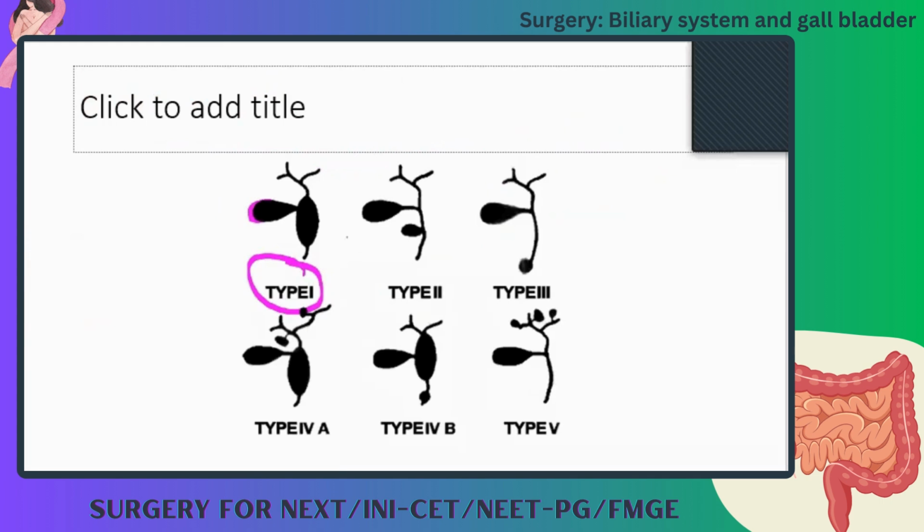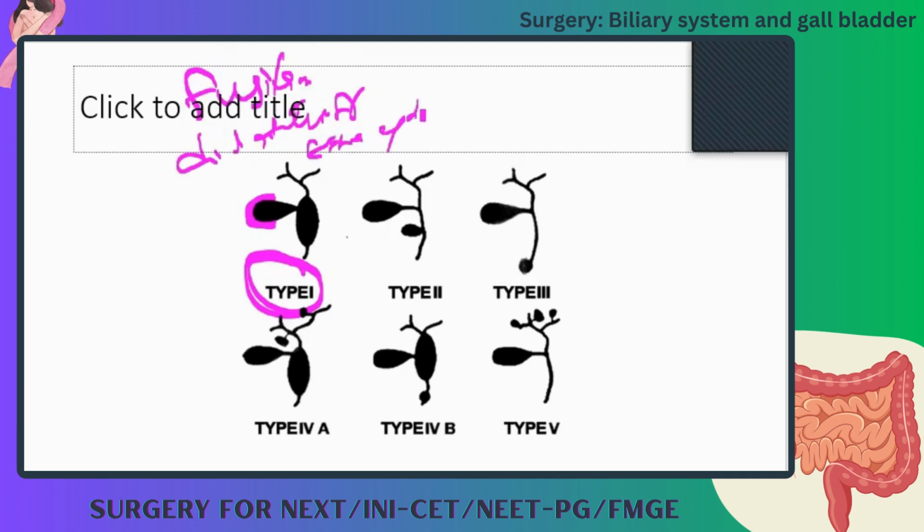So type 1. This pink one is the gallbladder. This is the right hepatic duct, left hepatic duct, common hepatic duct, bile duct. The bile duct is dilated here. This is type 1. I'll describe it as fusiform dilatation of the extrahepatic biliary tree, bile duct.